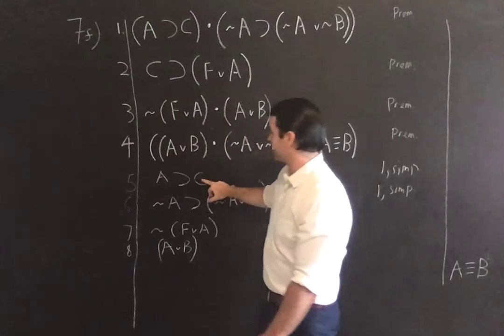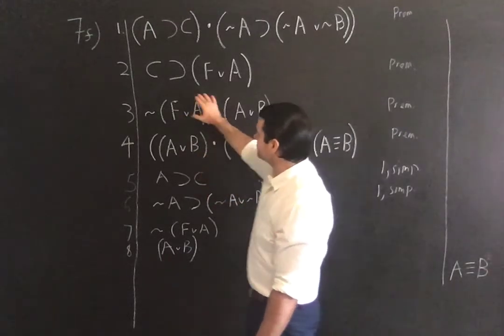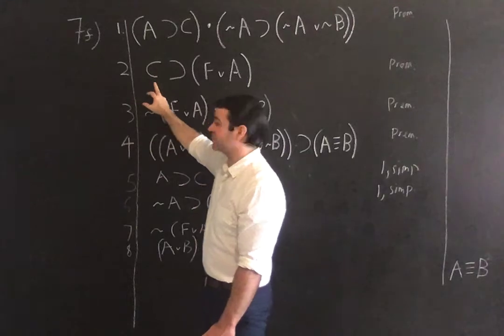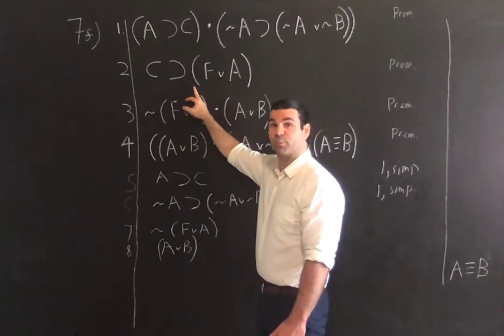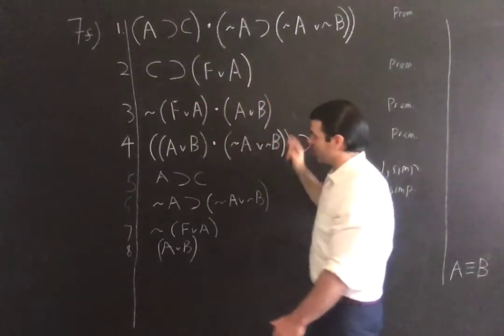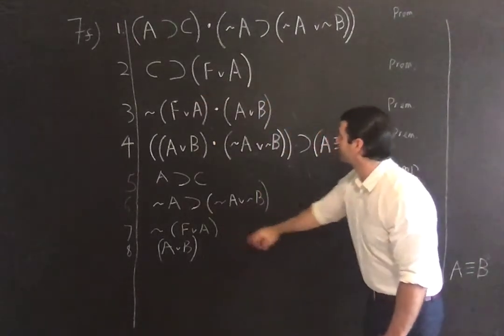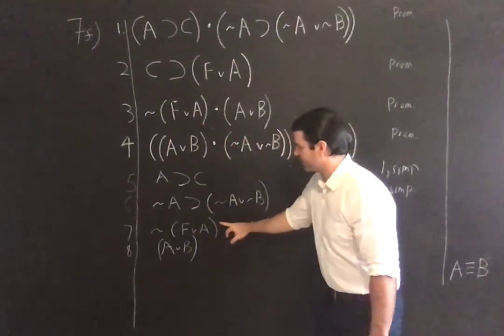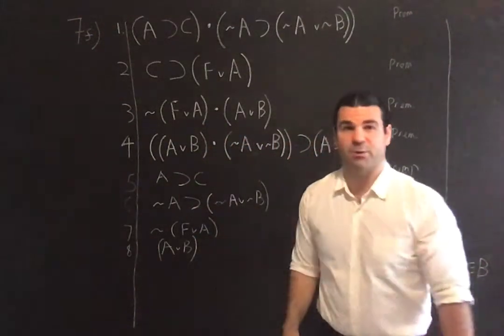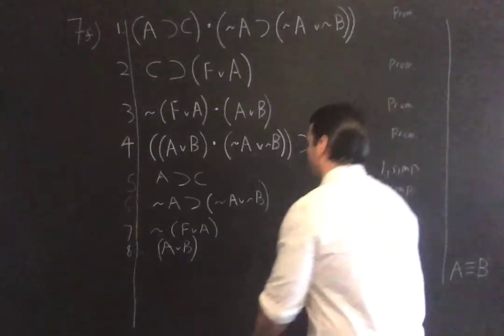C is the antecedent here, need not C. So I need the negation of the consequent, so I need not brackets F or A. Oh look, I've got that, right? That appears just when I simplified 3. I got that. So now I'm home free. Now I know how to complete my proof and move on, okay?